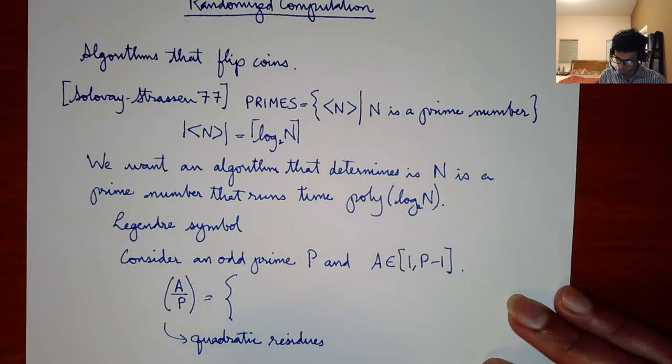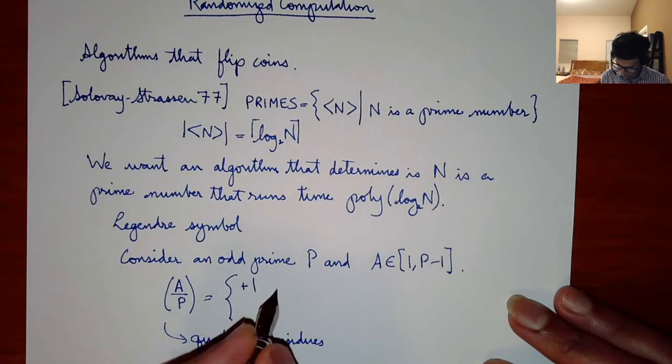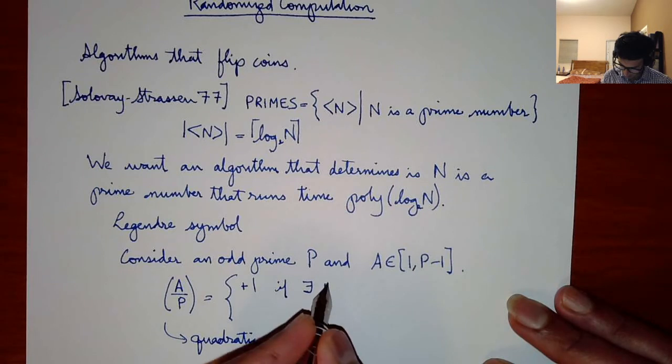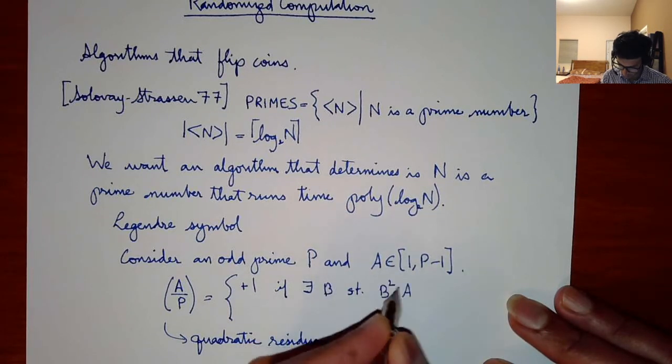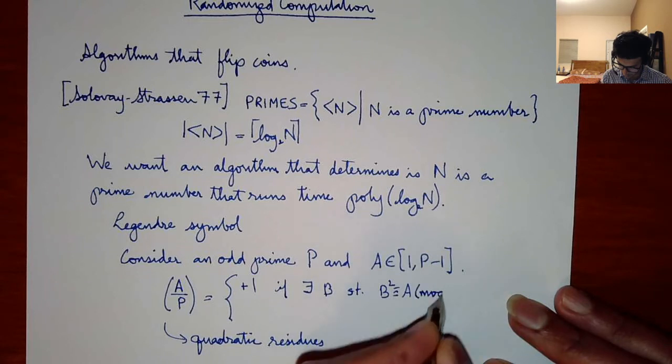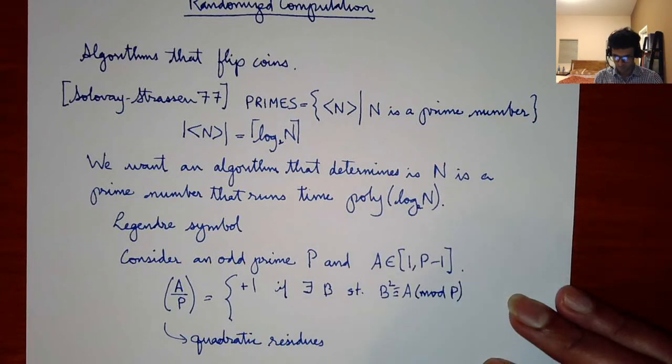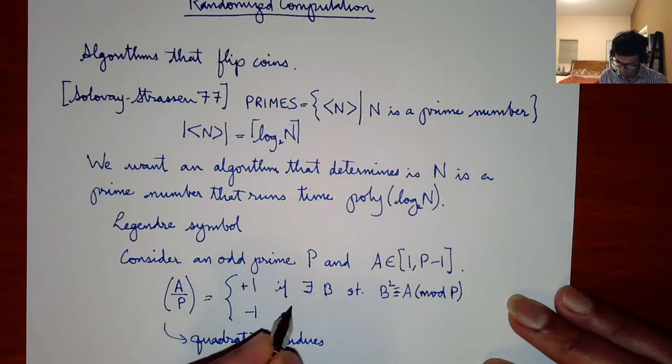So what is a quadratic residue? The definition is here. It's plus 1 if there exists a b such that b squared is equal to a mod p. Okay? And it's minus 1 otherwise.